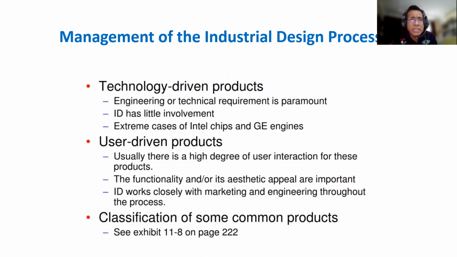And then for the management of the industrial design process, we have two types here: technology-driven or user-driven products. For the technology-driven product, the primary characteristic is that its core benefit is based on its technology. The product core is a technology, its capability to accomplish a specific technical task.